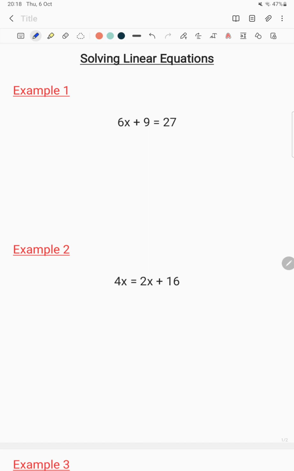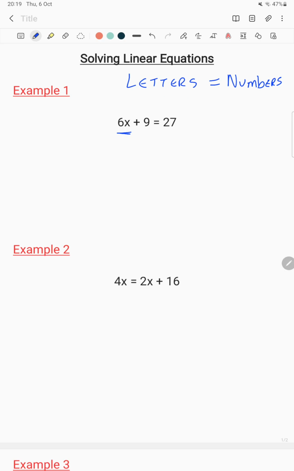Now, remembering our very important rule that we have our letters to the left, our equal sign, and then our numbers to the right. What I mean by that is anything that contains a letter, so this 6x, for example, gets kept on the left, and everything that doesn't have a letter gets moved to the right hand side of the equal sign.